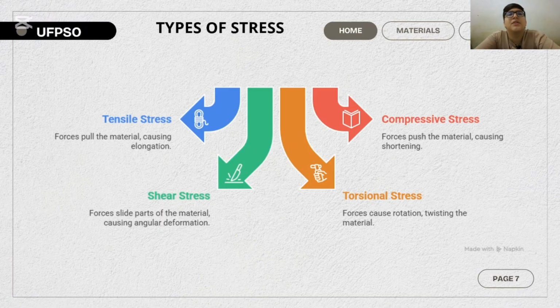Example: torsional stress is commonly observed in shafts used in mechanical systems such as engines or turbines, where rotation produces a twisting force. The examples show how the different types of stress are present in engineering applications.